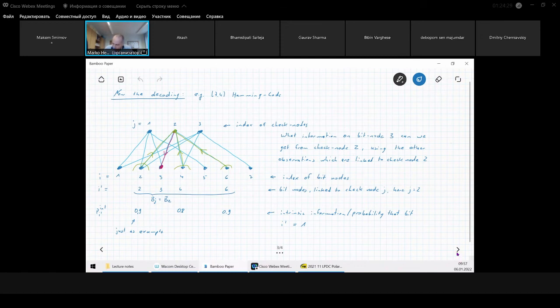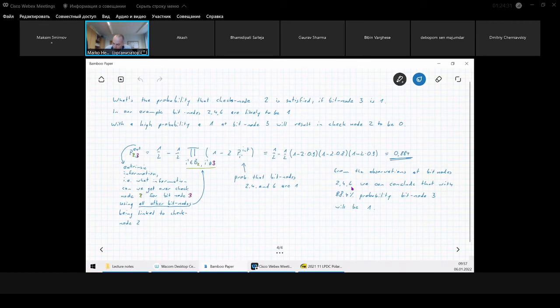But the information that we actually calculated now is independent of the observation of bit 3. It's all we get from other bits, but not from bit 3. So we get this information from just looking at bits 2, 4, and 6. Therefore, extrinsic information is information which is not related to our observation of bit 3.